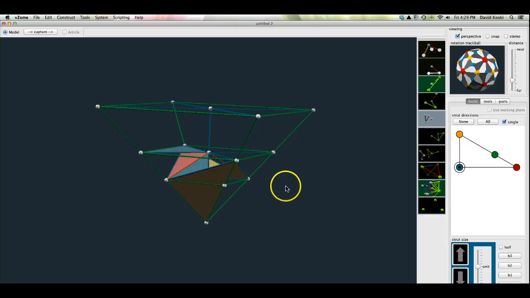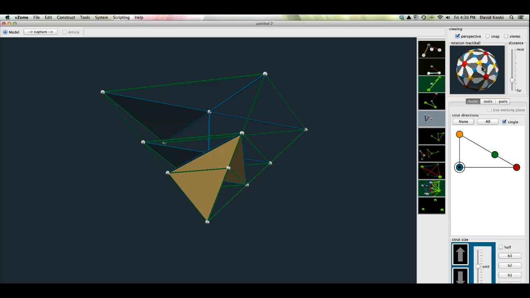So you get your phi to the negative 6, phi to the negative 5, phi to the negative 4, phi to the negative 3, negative 2, negative 1, and then 0. So the overall 1/8 octahedron is going to be phi to the 0 over 2, because the 1/8 octahedron is a half.